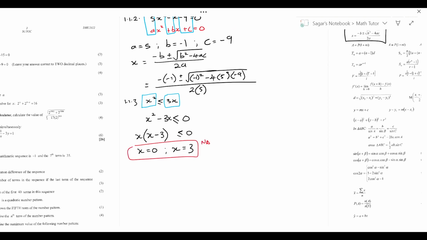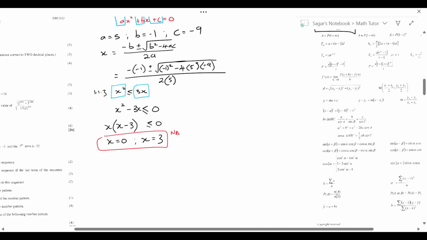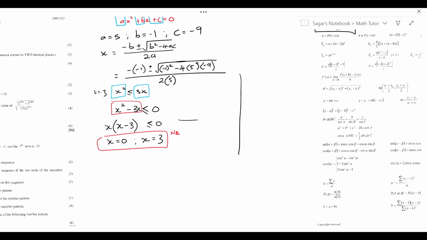That's not the answer. That is a guide when we are plotting this graph. So really quickly, we know two of the points, at x equals 0 and x equals 3. Those are our x-intercepts, right?